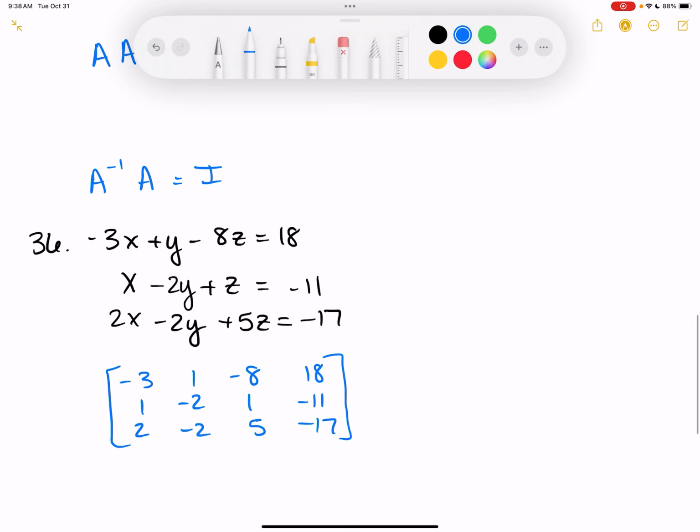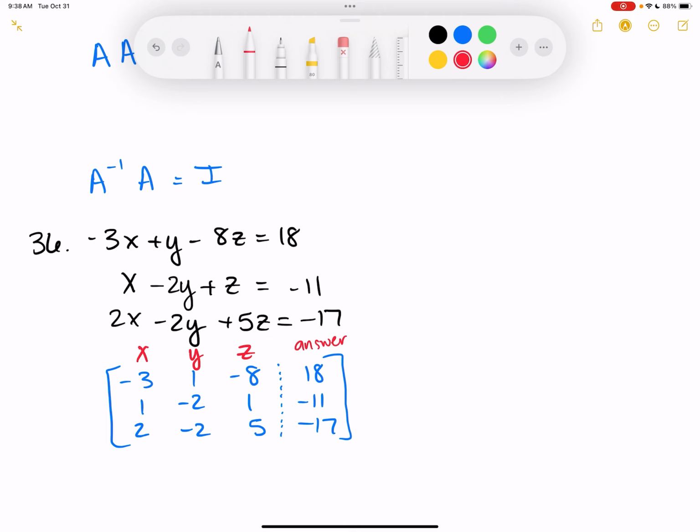And a lot of times you'll see a book do it like this, where they'll have the dotted line there just showing that it's the switch to the solution set. So this is our X column, Y column, Z column, and then the solution column.